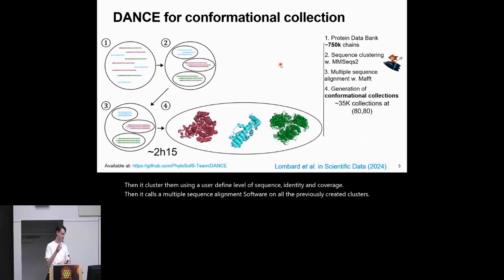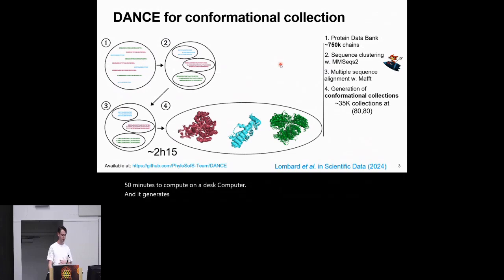And finally, using the sequence alignment information and the structural information, it performs structural alignment on a chosen reference, generating a conformational collection. So this whole process takes around 2 hours and 15 minutes to compute on a desktop computer, and it generates around 35,000 collections.